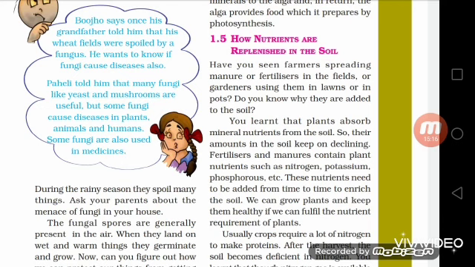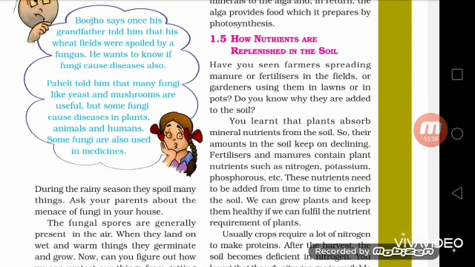So soil is declining in nutrients. Soil is removing all these nutrients from itself and giving them to the plant. Okay, so after that, how does that soil become rich in nutrients again? So this is all about how nutrients are replenished in the soil.